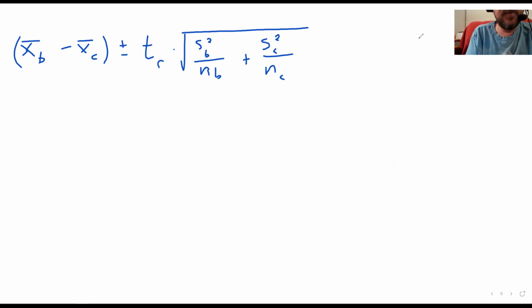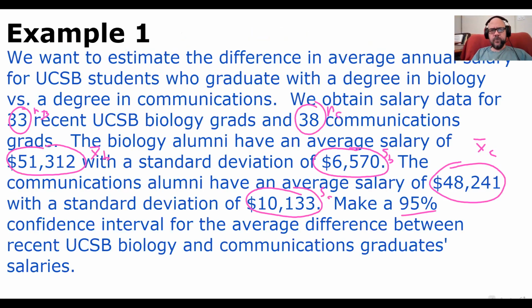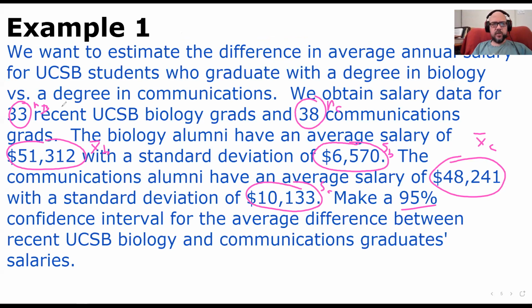So I'm just going to take X B bar minus X C bar plus or minus the critical value, which I still have to go find, right? So my degrees of freedom, df equals, well, I'm going to use the conservative estimate of one less than the smaller sample size. So 33 was my smaller sample size. So I'm going to use 32 for my degrees of freedom.